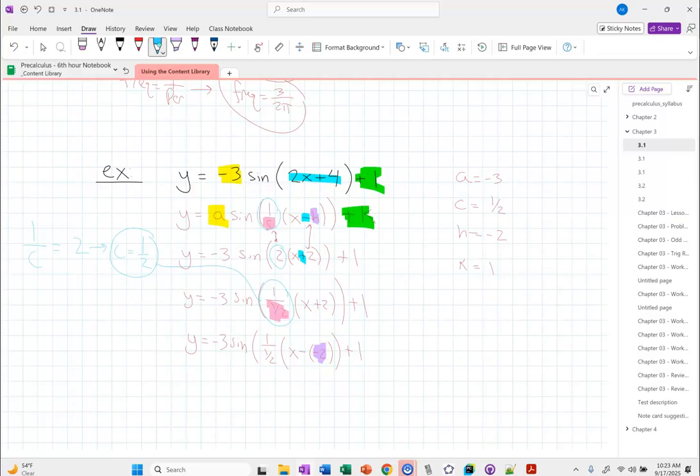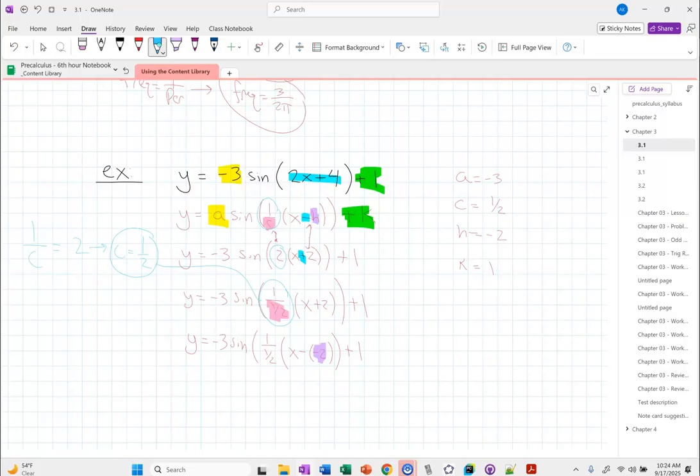Again, the hardest part is getting the c and the h correct, right? The relationship is the coefficient on your x. The c is the reciprocal of that every single time. The h, you have to be careful, right? If you looked initially, maybe the h is 4, wrong. Or the h is -4, wrong. You have to make sure that you're factoring that leading coefficient on your x off.